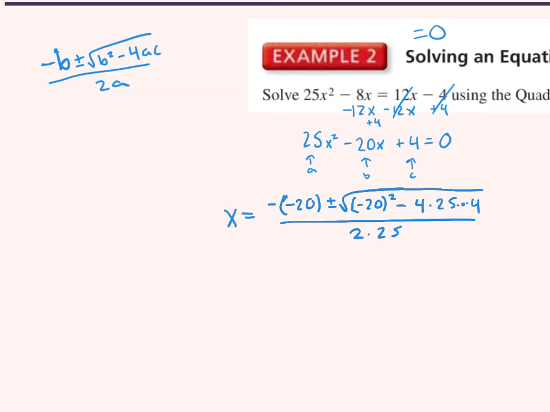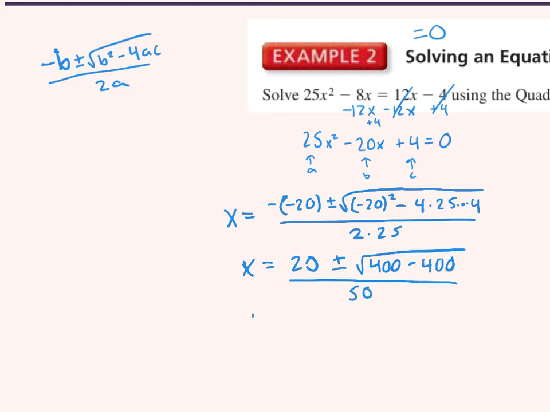Now we simplify. Negative 20 becomes positive 20 plus or minus negative 20 squared is 400. 4 times 25 is 100, times 4 is 400, over 2 times 25, which is 50.